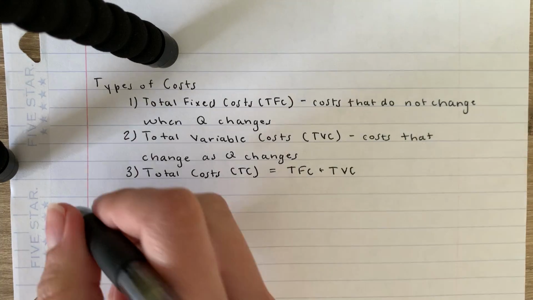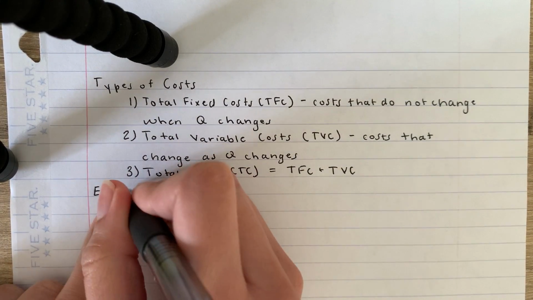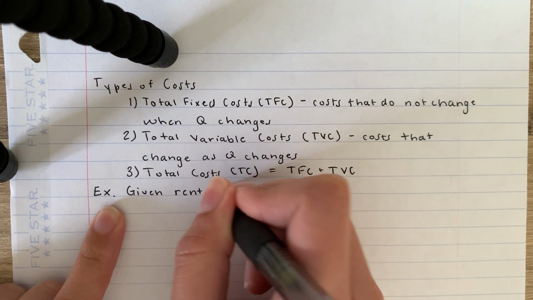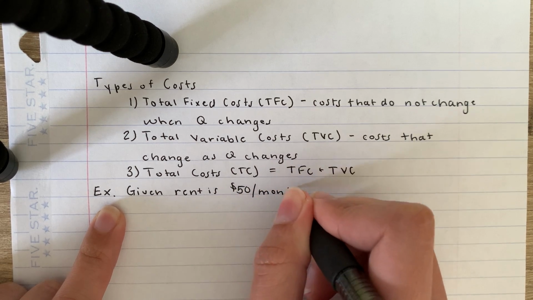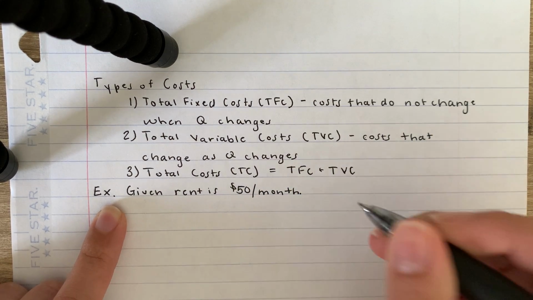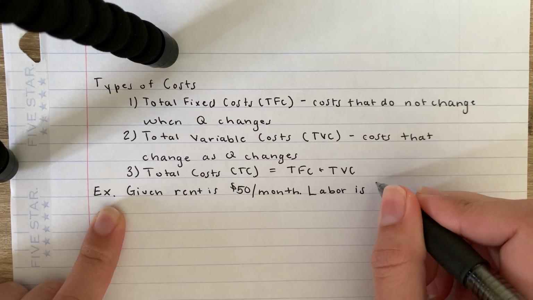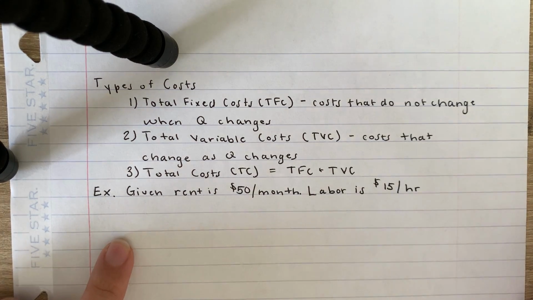So let's look at an example real quick. In this example, we're given that rent is $50 per month, and we're also given that labor is $15 per hour per worker.